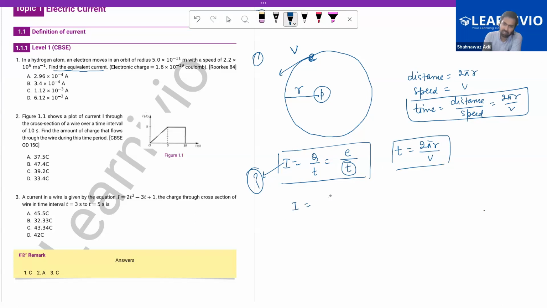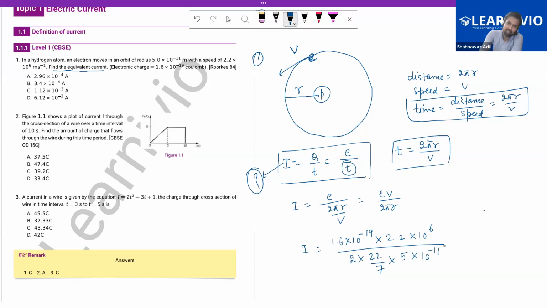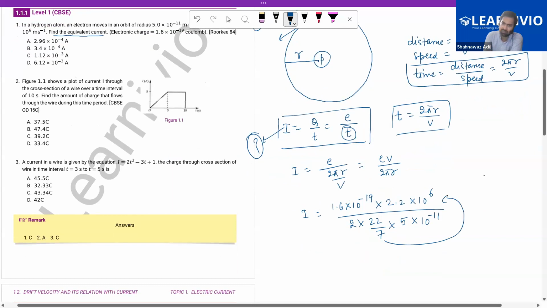So current would be e divided by 2 pi r by v, so e into v divided by 2 pi r. So this is 1.6 into 10 to the power minus 19, the speed is 2.2 into 10 to the power 6, and 2 pi is 22 by 7, and then we have 5 into 10 to the power minus 11. So this 7 goes upstairs.